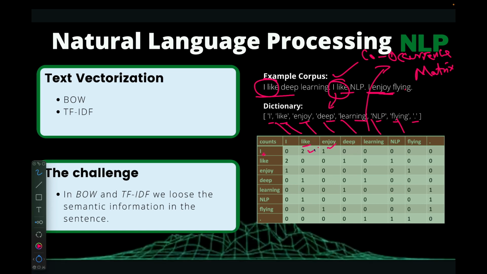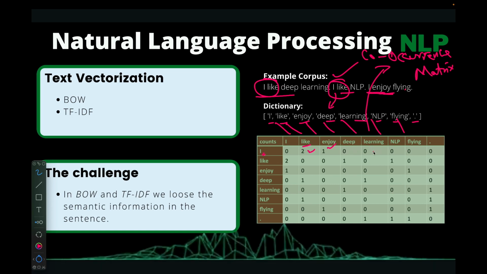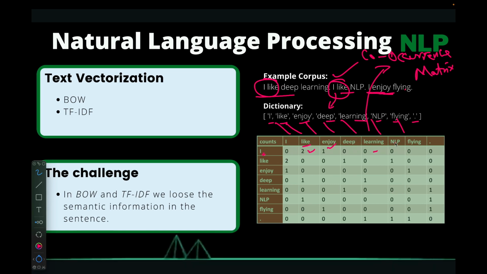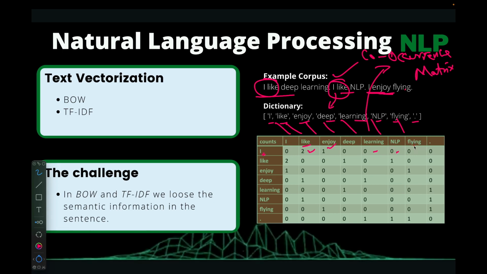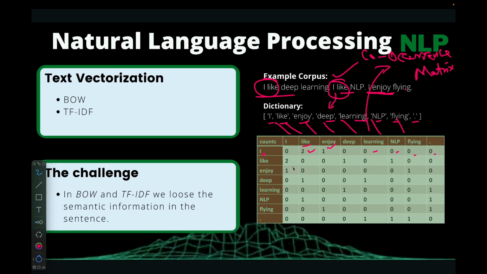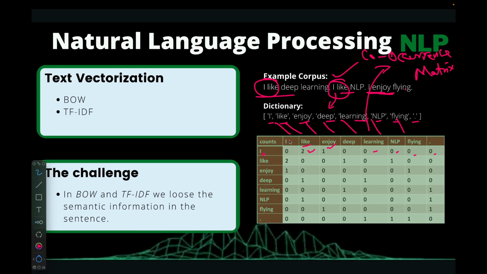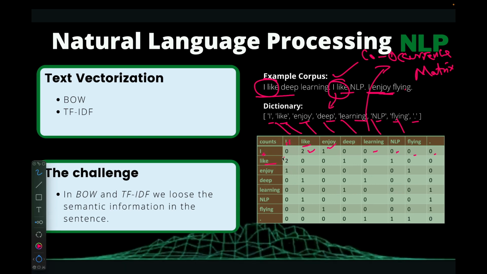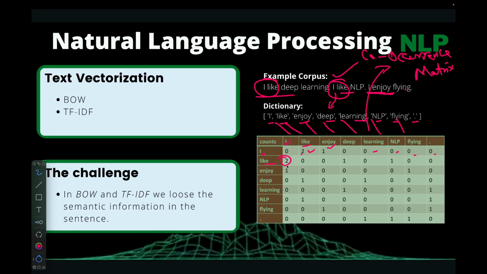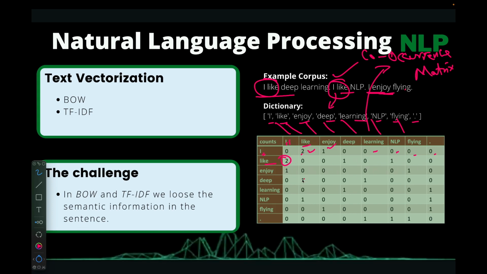Nothing like that, so it's 0. "I" and "learning," 0. "I" and "NLP," nothing, so 0. "I" and "flying," nothing. "I" and the dot, nothing. And "like" and "I" appeared 2 times, as we saw.